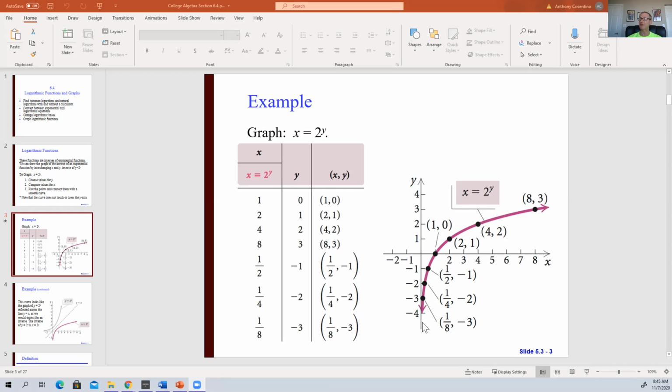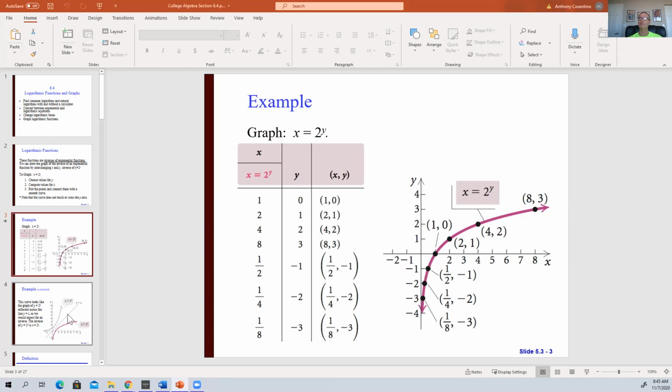So you see what happens here on the y value, right? As y now goes -1, -2, -3, our x value becomes the fraction. So you can see the whole graph is always to the right of the y-axis, which implies the x values are always positive.